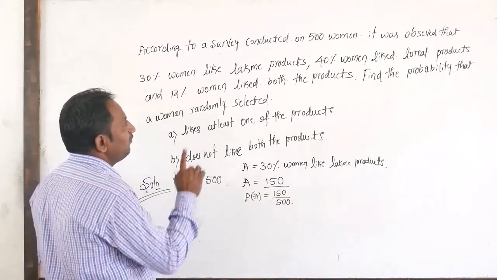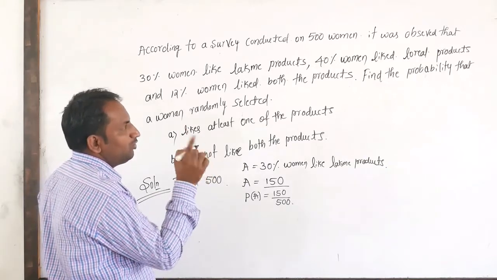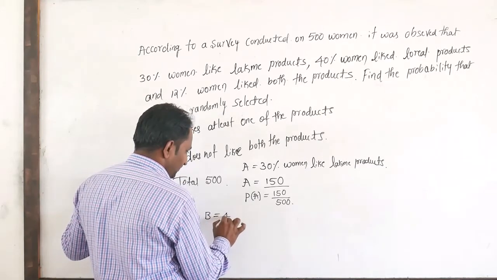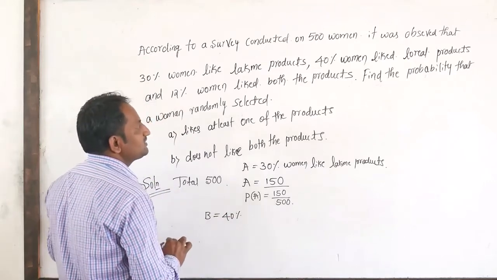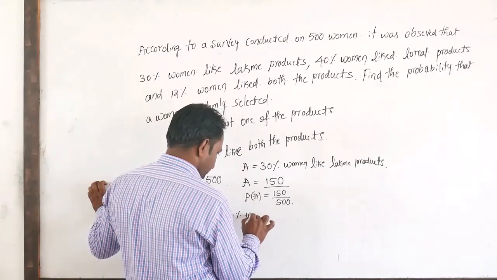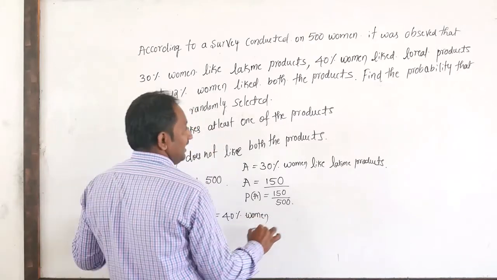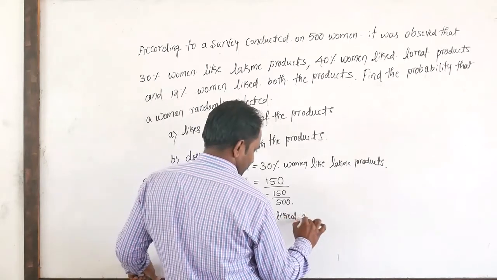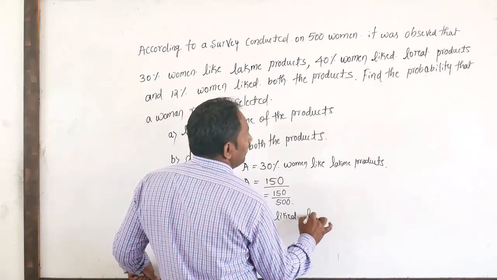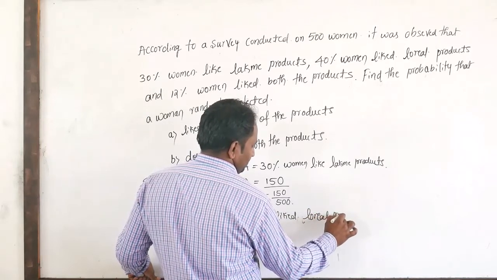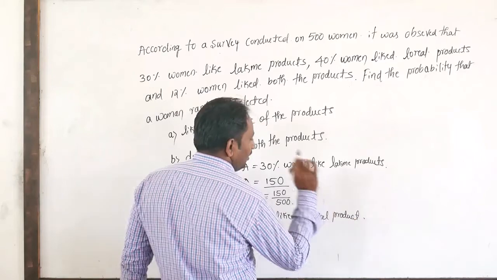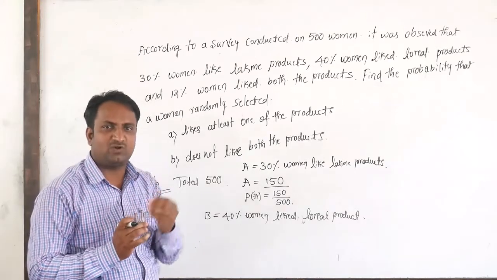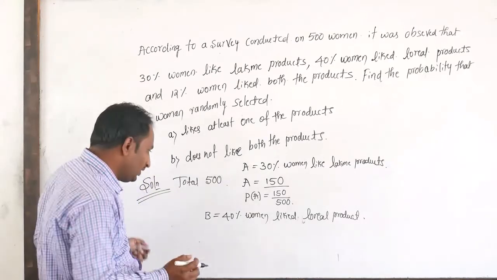Similarly, 40% of women like L'Oreal products, event B. Out of 1000, 40% is 400, so converting to 500 gives 200.